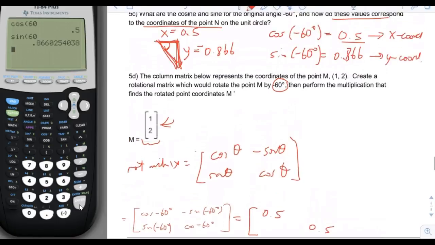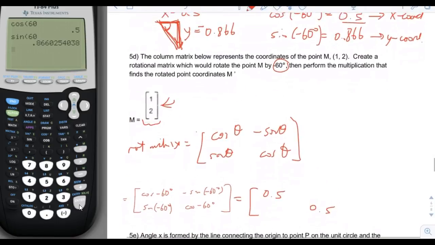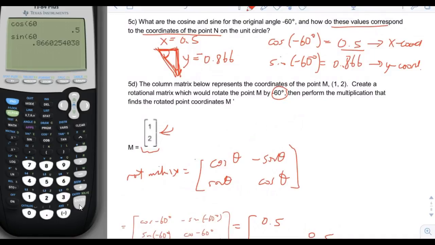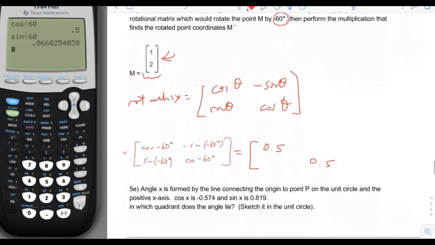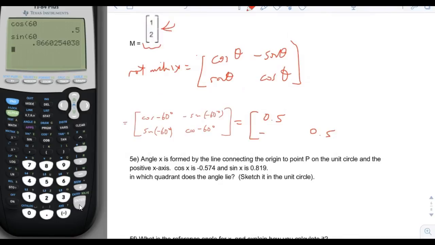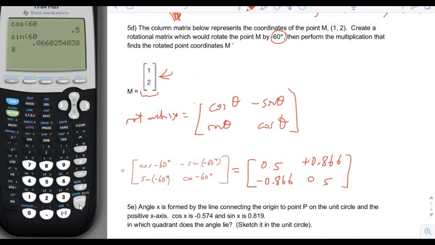And the sine of negative 60 degrees is 0.866. Actually, oh, I forgot, it's negative 0.866, right? So this is going to be negative 0.866, and actually negative sine is positive 0.866. Okay? Now it says to do the multiplication that finds the rotated coordinates.